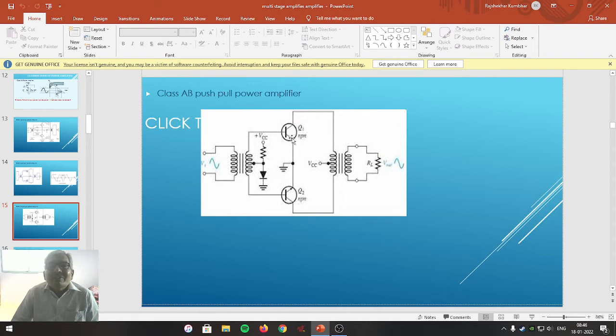This will adjust the operating point of both the transistors in between the center of the load line and the cutoff point.